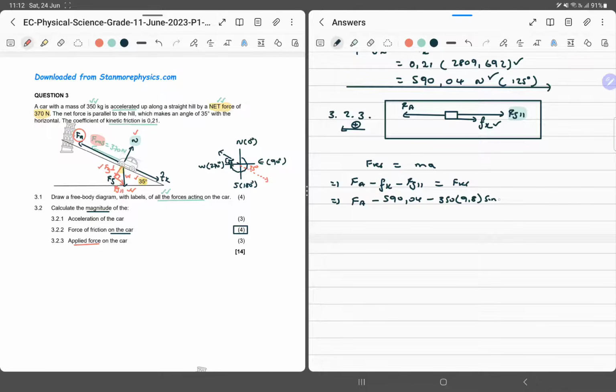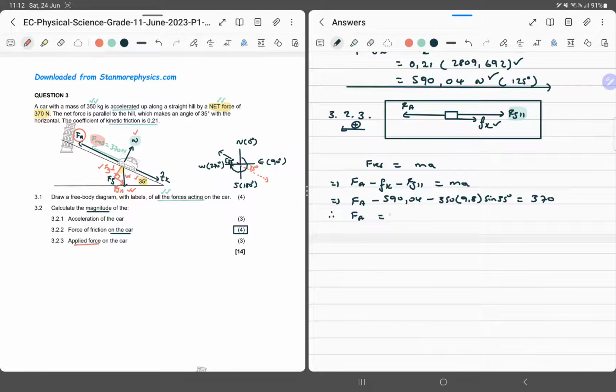Now remember that one will be the sine of theta, which is 35 degrees, equals, we were told this is 370. Not a problem. Maybe we can just leave this one alone and say MA, just not to flip-flop.